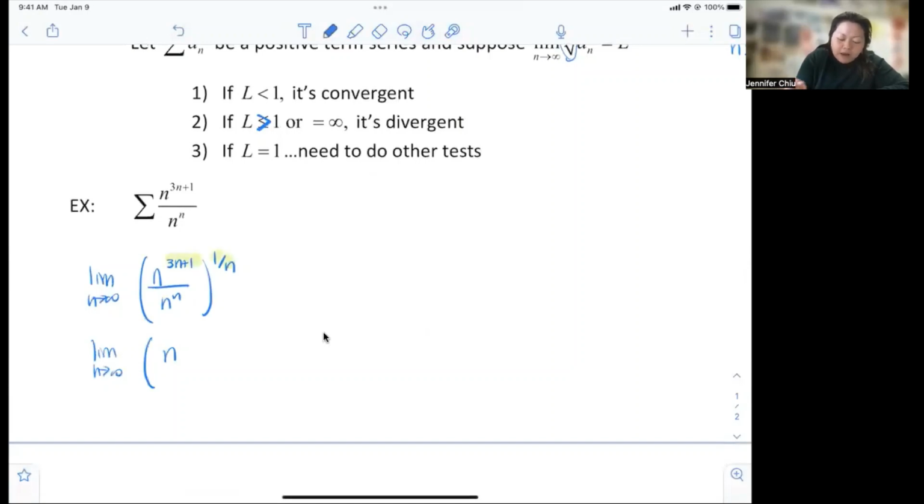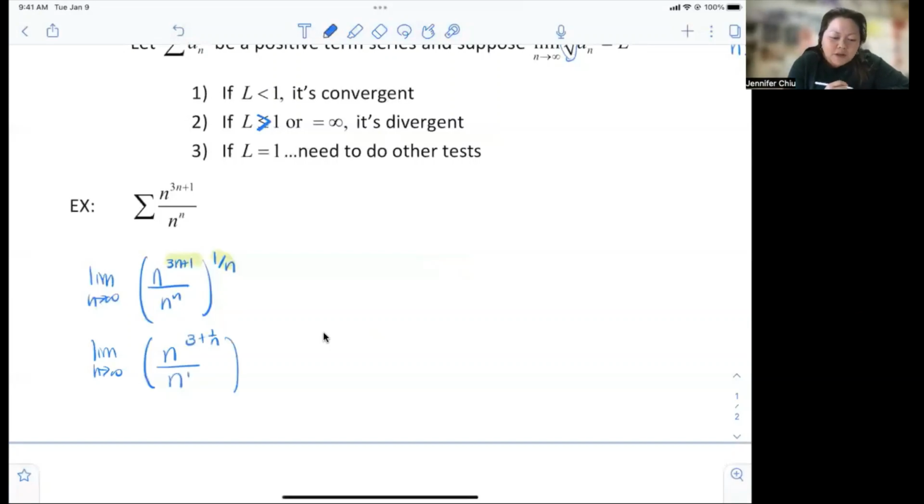So you multiply those out. So 3n plus 1 times 1 over n is really 3n plus 1 over n. So 3n plus 1 over n, you reduce that out to be 3 plus 1 over n, right? Okay, clean that up. And then the bottom n to the n power, well, the n times 1 over n is just 1. So n to the 1, if you want to write that out.